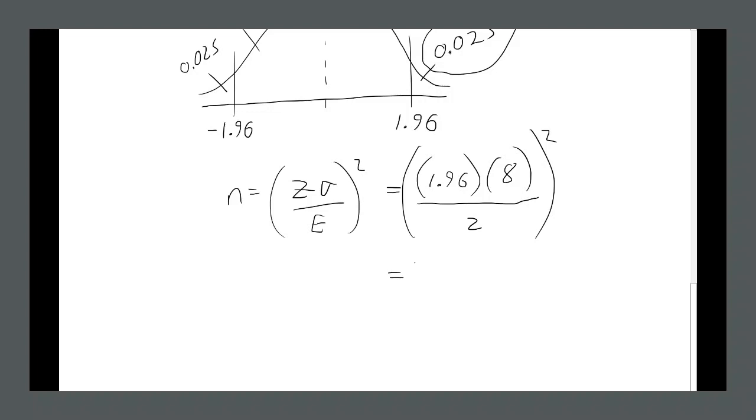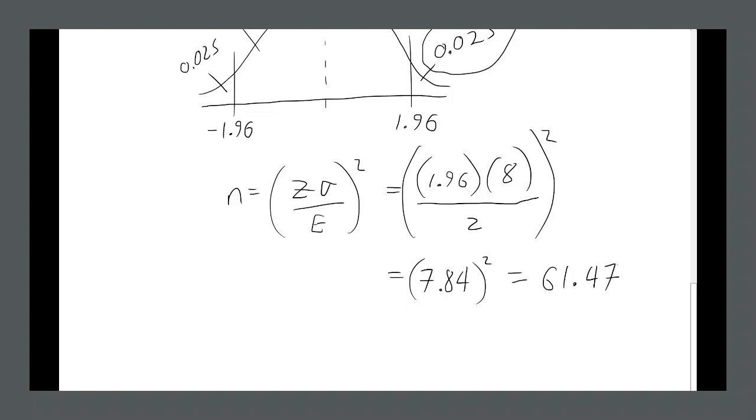So 1.96 times 8 divided by 2 is 7.84. And 7.84 squared is approximately 61.47.